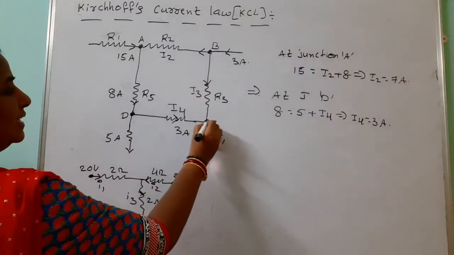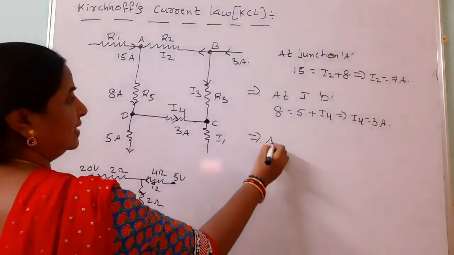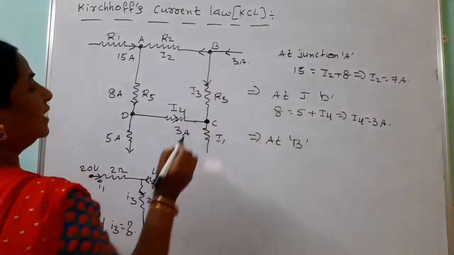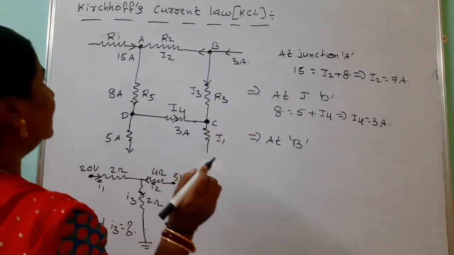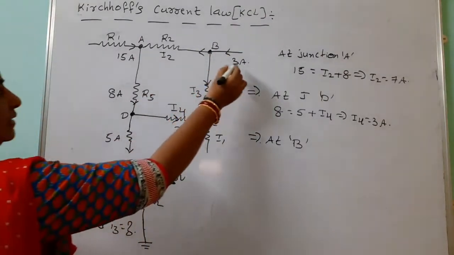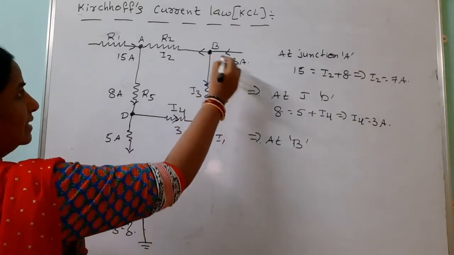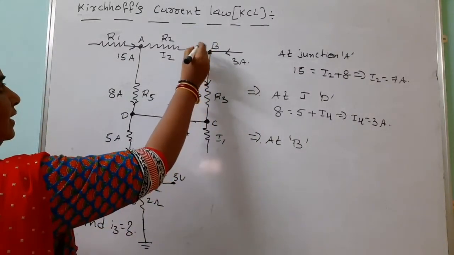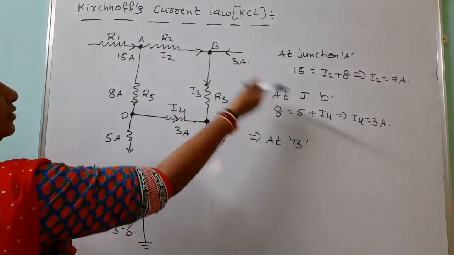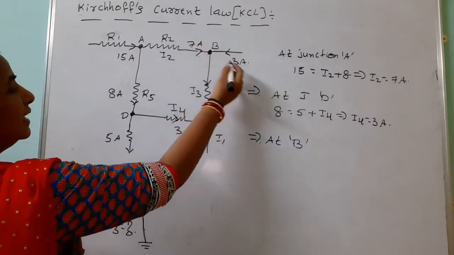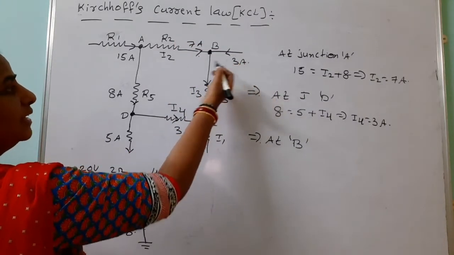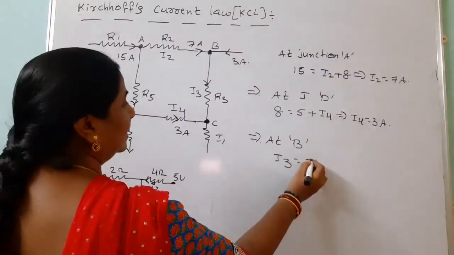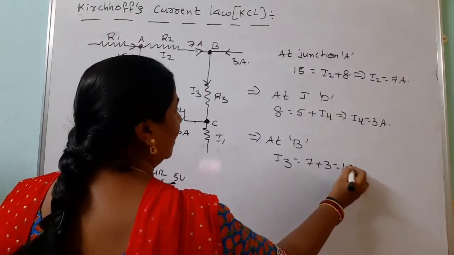Now we know I2 and I4. Then come to C. At C or B we can go first. At junction B, what are the incoming and outgoing currents? Here the incoming current is 3 amperes, and this is the junction. This is I2, which we already know is 7 amperes. Incoming currents are 7 and 3, both incoming. Outgoing is clearly I3. From this we can write I3 equals 7 plus 3, 10 amperes.